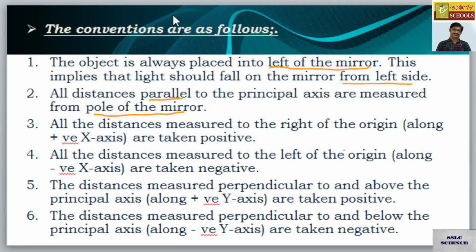Now I am taking the third and fourth conventions together. Third, all the distances measured to the right of the origin, or along the positive x-axis, are taken positive. Fourth, all the distances measured to the left of the origin, or along the negative x-axis, are taken negative.